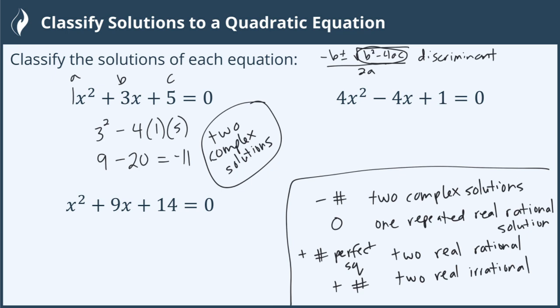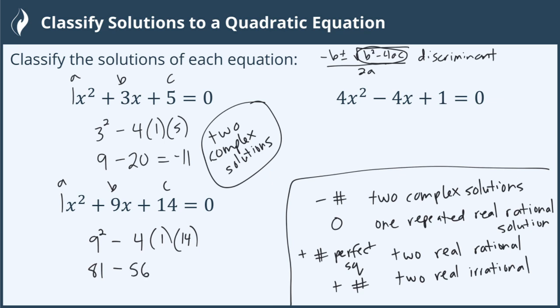Okay, this next one, our A is 1 again, B is 9, and C is 14. So we will do B squared minus 4 times A times C. And so we're going to do 9 squared, which is 81. And then we have 4 times 1 times 14, which is 56.